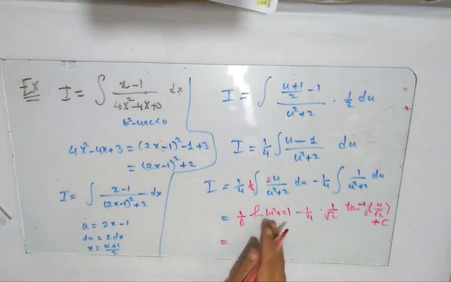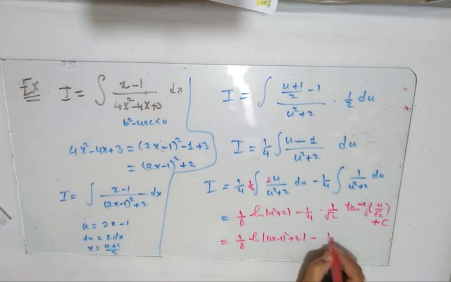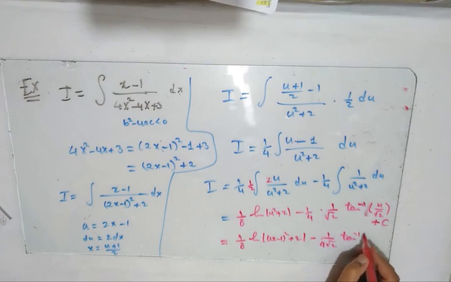Then you have to replace u by its value, 2x minus 1, so you will get 1 over 8 ln ((2x minus 1) squared plus 2) minus 1 over (4 square root of 2) tan inverse of (2x minus 1) over the square root of 2, plus constant.